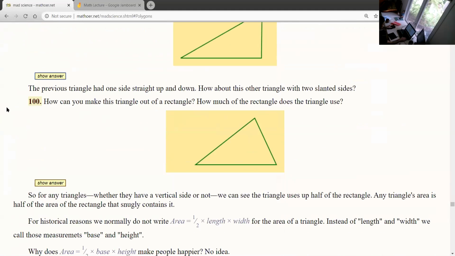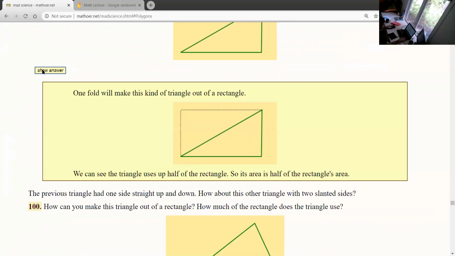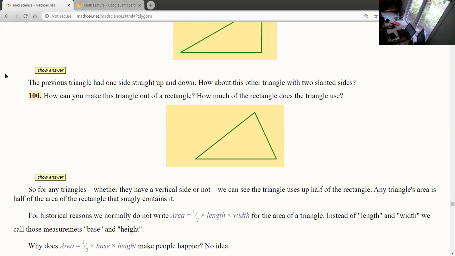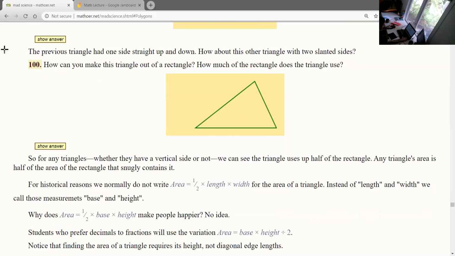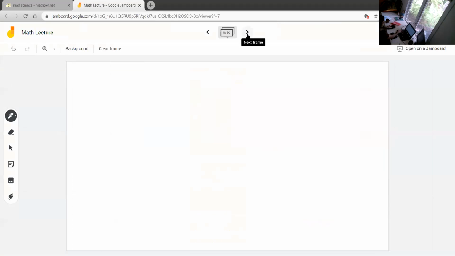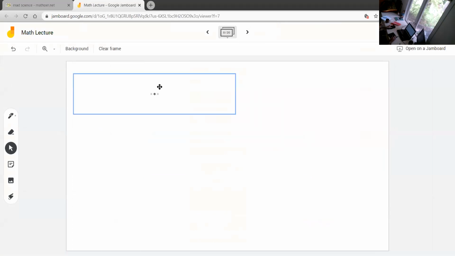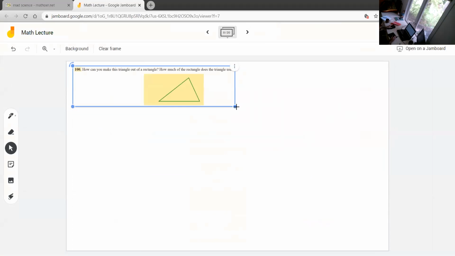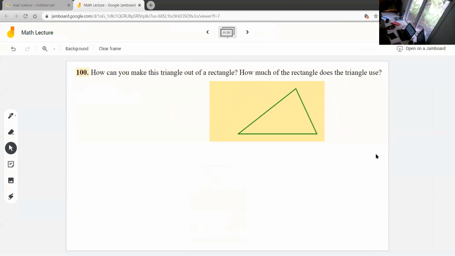Now, you might say, wait a minute, you're pulling my leg. That was a kind of artificially easy triangle because it lined up on the paper so nicely. So let's try it with a trickier triangle. This triangle is again contained in a rectangle, but it doesn't meet at the top corner.